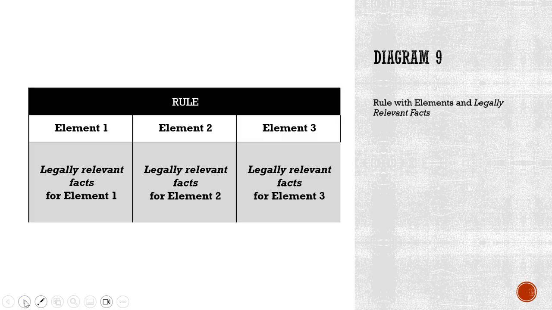This hypothetical rule has 3 elements, and it's as simple as take each element. In this case we're talking about legislation, so you would take the statute and divide it up into its separate elements that must be met in order for the statute to have been fully met.